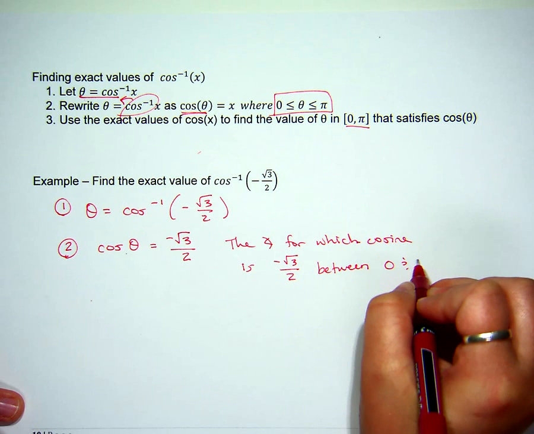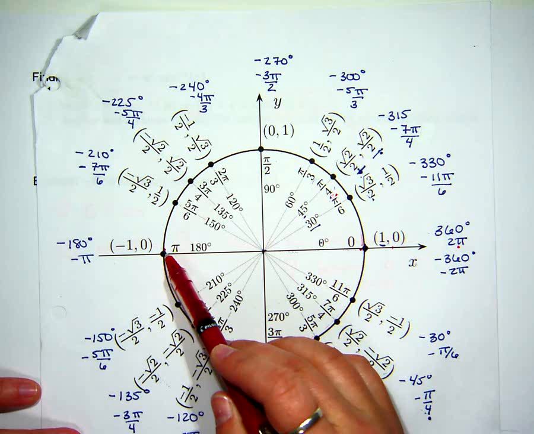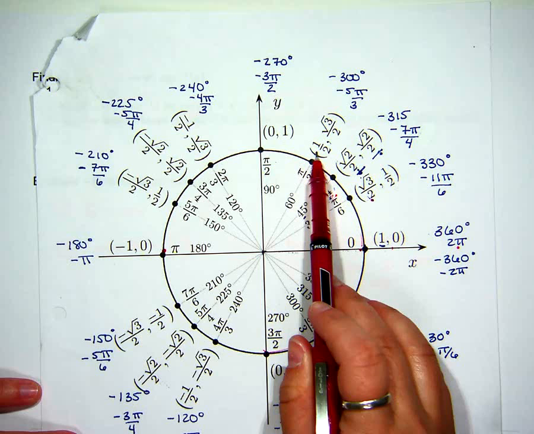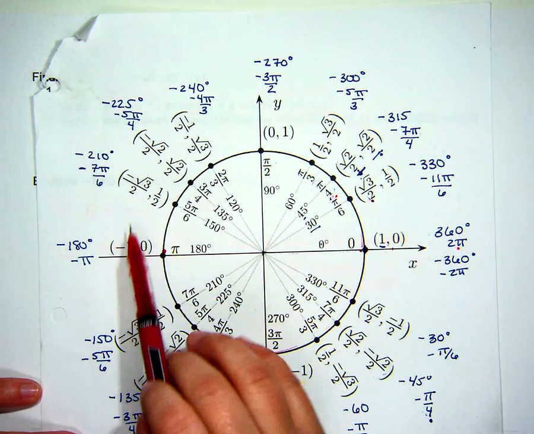Okay, so let's go to our unit circle. Between 0 and pi, along this ridge, where is the cosine function? Cosine is x. Where is the x? -√3/2. Well, that's the right number, but it's not the right sign, so that's not it. Nope. Yes. See if there's any more. Nope.